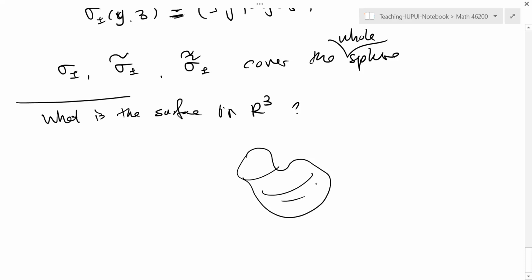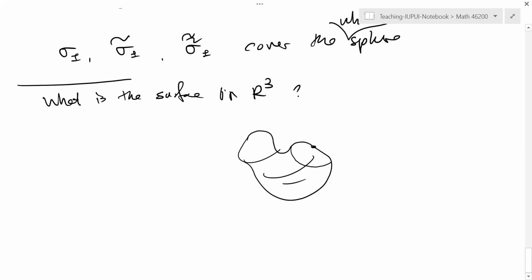Right, this is right. A surface in R3, roughly speaking, is this, my definition: at every point there's an open set which can be viewed as the image of a map.